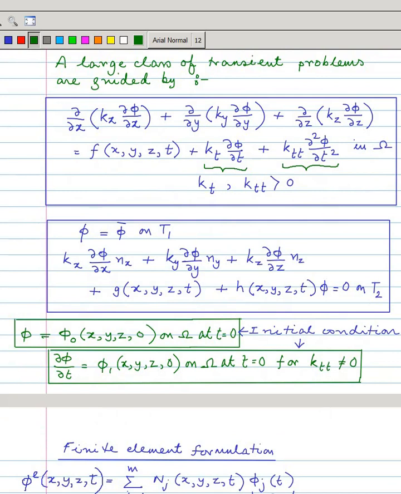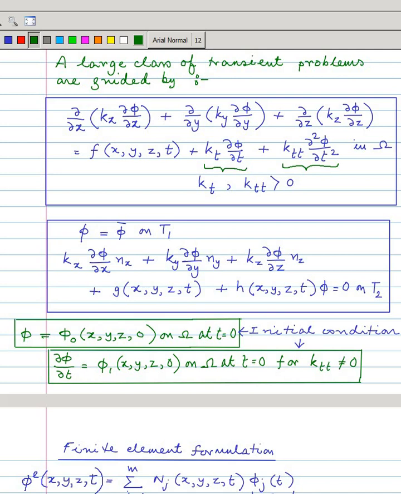These are the boundary conditions. Phi equal to phi bar, which is specified on gamma 1. So this is called the Dirichlet boundary condition, and this is kx del phi del x nx plus ky del phi del y ny plus kz del phi del z nz plus g xyz.